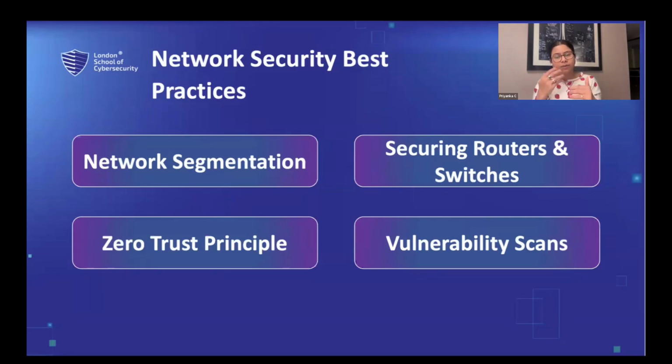Because remember, the key purpose of all of these controls is to make it more difficult for attackers to freely roam around and get to what they want, or do the bad stuff. So network segmentation is a very fundamental but useful, easy way to stop an attacker from just coming in and walking around.